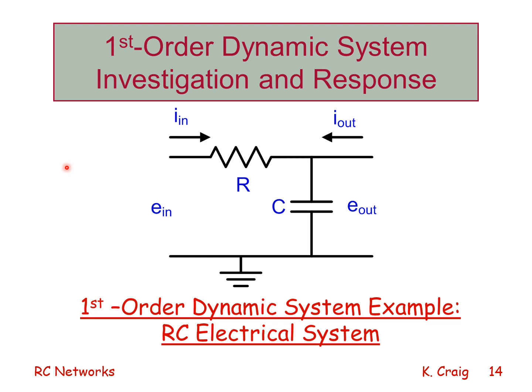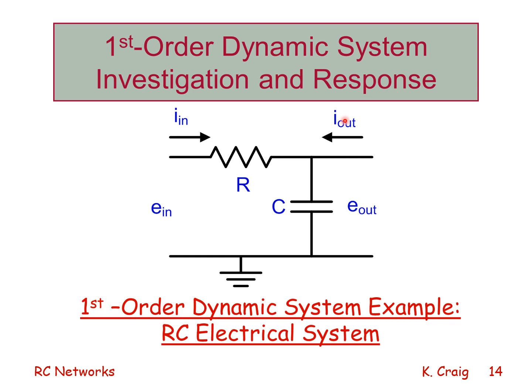We will now perform a complete dynamic system investigation of this first order dynamic system, the RC circuit. We see I've shown the RC circuit with the two input variables whose product is power, voltage and current, and the two output variables whose product is power, voltage and current.